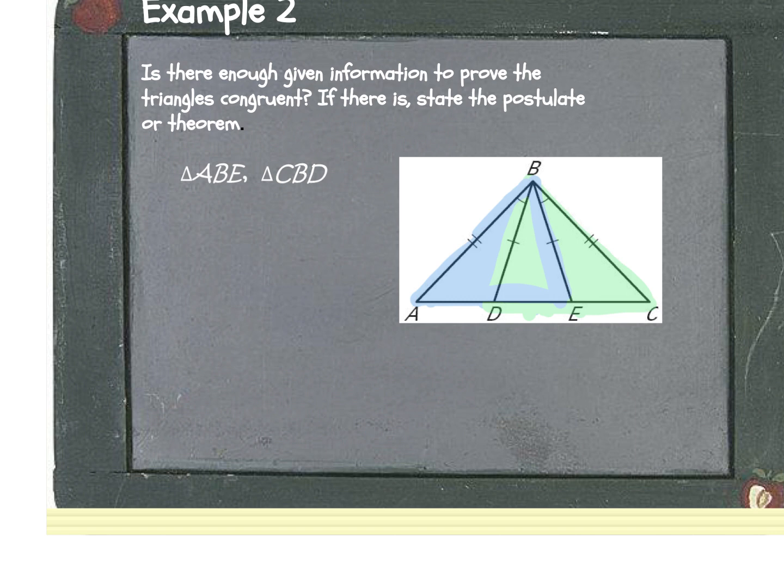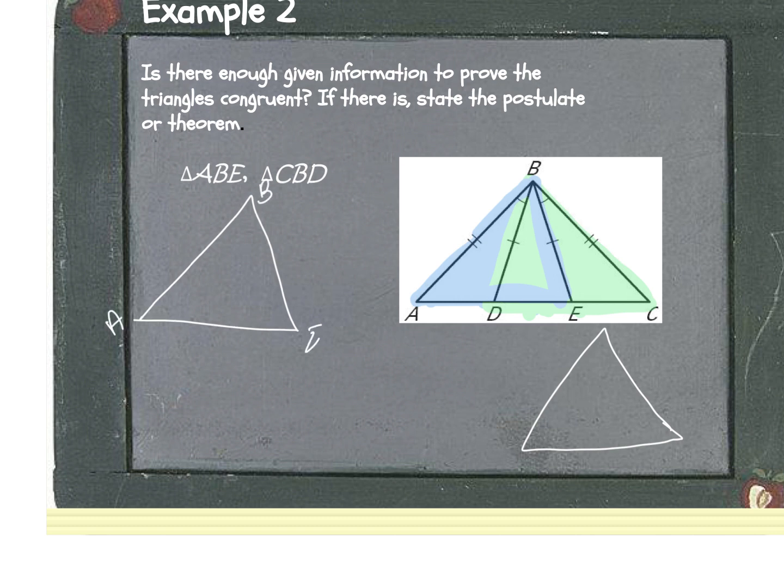So I have ABE right here, and then I'm going to put CBD over here. So A, B, E, and I'm labeling everything they gave me.